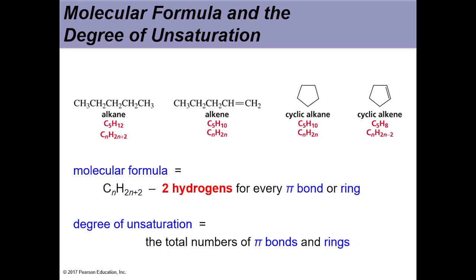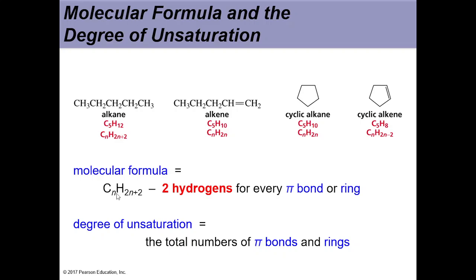When you have a certain number of carbons in the hydrocarbon, let's say this number is n. n is the number of carbons, and can be any integer, 1, 2, 3, 4. The corresponding number of hydrogens is going to be 2n plus 2.